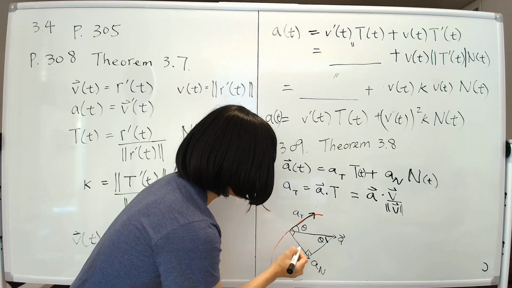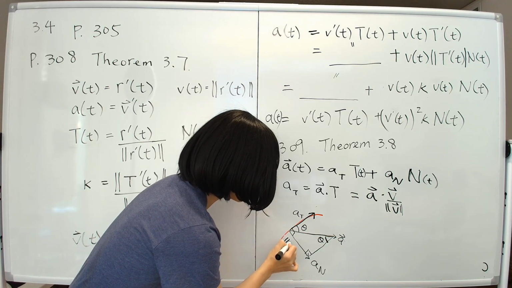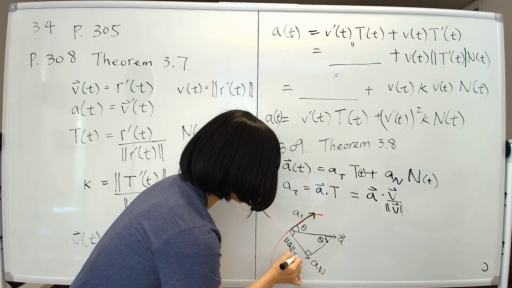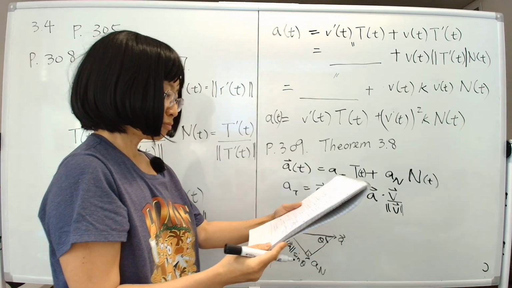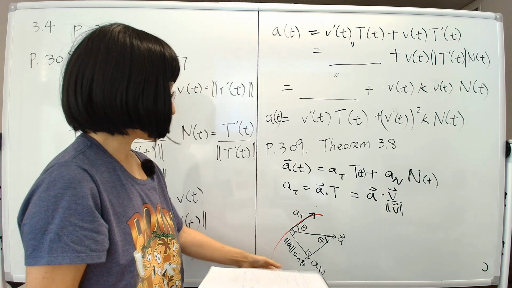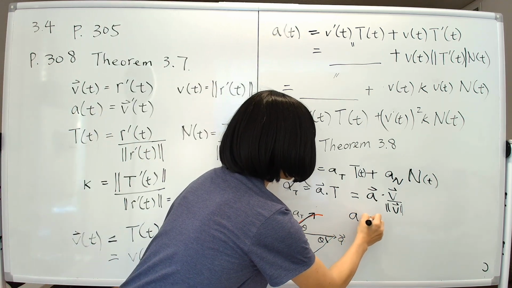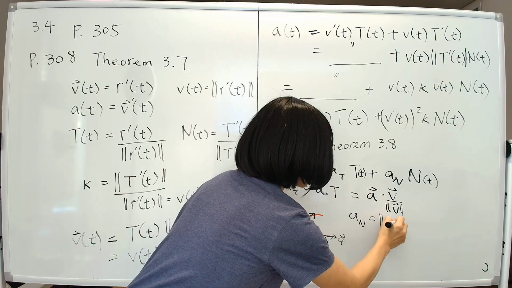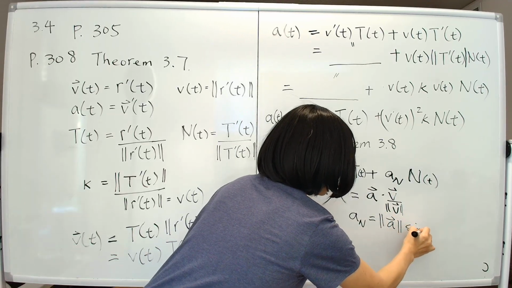Opposite. So AN is the magnitude of the vector A times sine theta, where theta is this angle right here. Let's write that down: AN equals the magnitude of A times sine of theta.